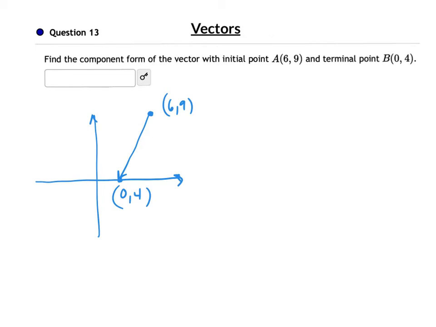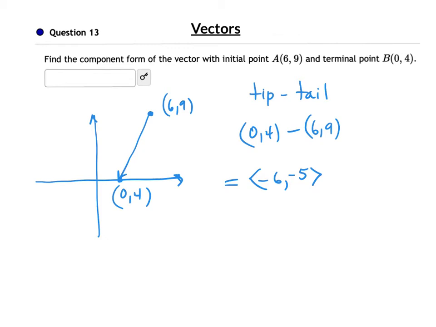Now, we can find the vector in component form by just taking the tip minus the tail, and the tip is (0, 4) minus the tail of (6, 9). 0 minus 6 is -6. 4 minus 9 is -5. In component form, this is the vector <-6, -5>.